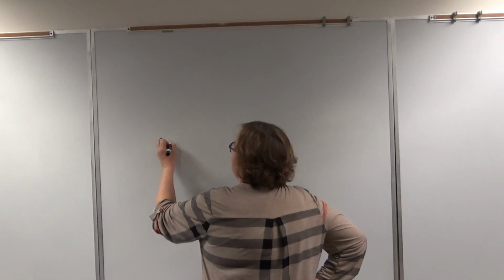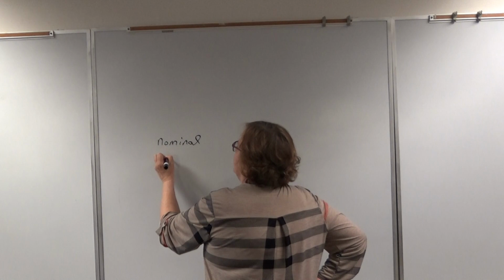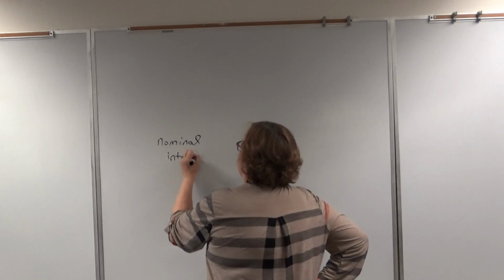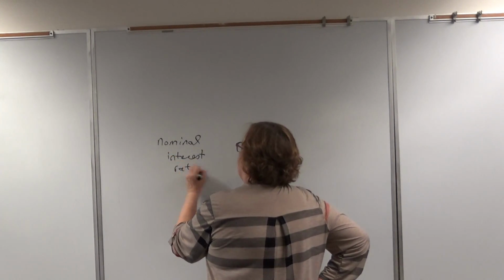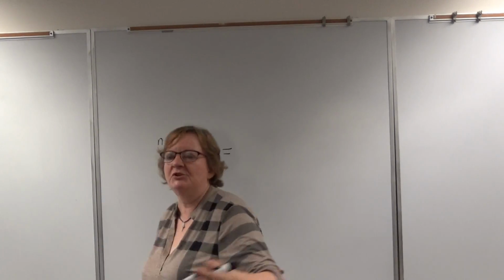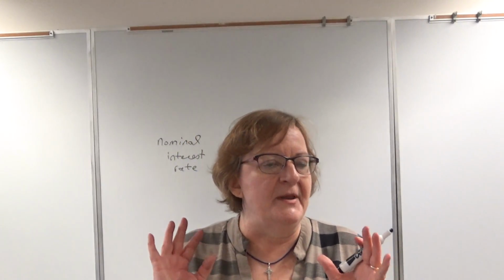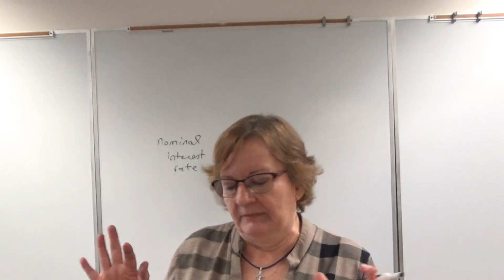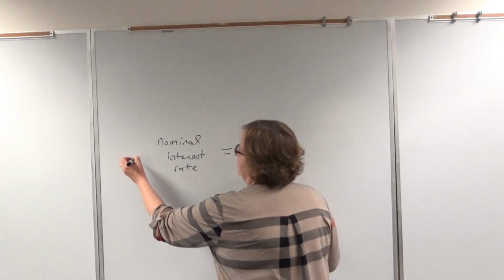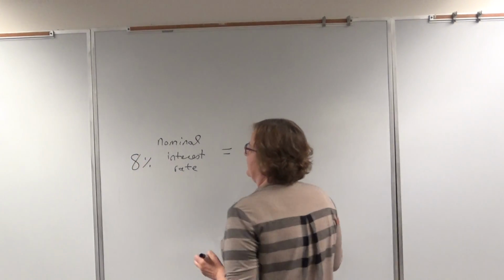The nominal rate of interest, that's the percentage, like if you go to the bank and you say, I want to borrow money, I want to buy a car, and they tell you the nominal rate of interest, and that's what you would have to pay. So let's say that they say 8%.